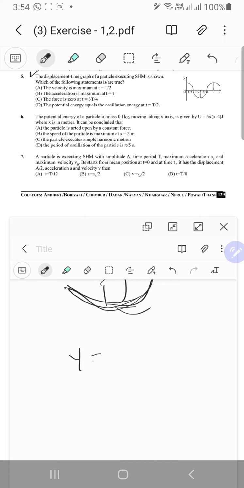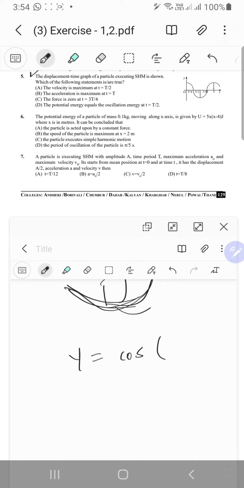So y equals cosine of, well, the time period. Think. So x0 and then it becomes pi by 2. Okay, when it becomes pi by 2 it's going to be 0.